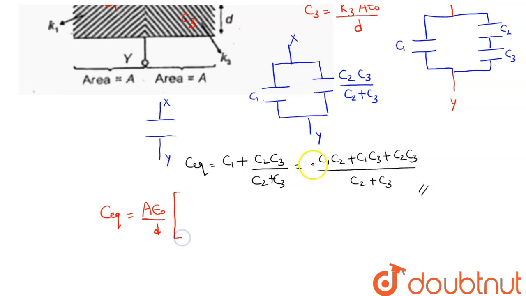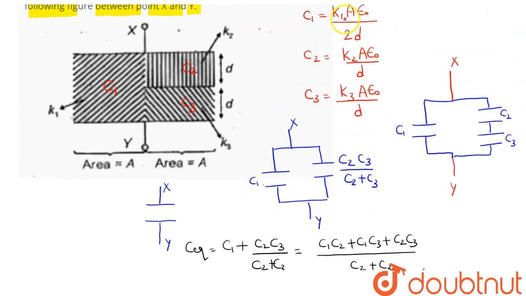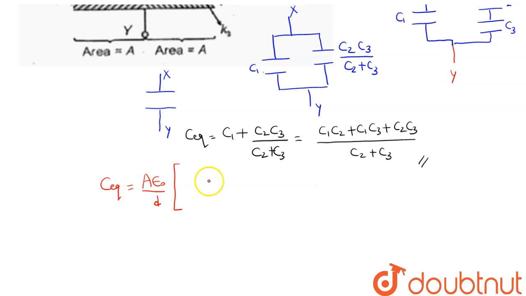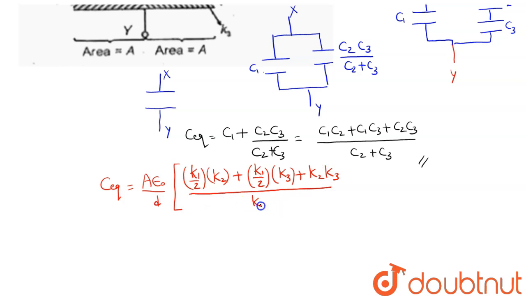In case of C1 there remains a factor of K1 by 2, in case of C2 there is factor K2, similarly in case of C3 there is K3, and C2 C3 is K2 into K3 divided by K2 plus K3.